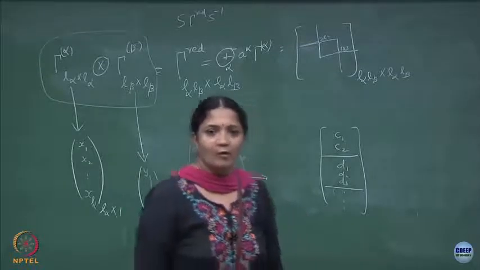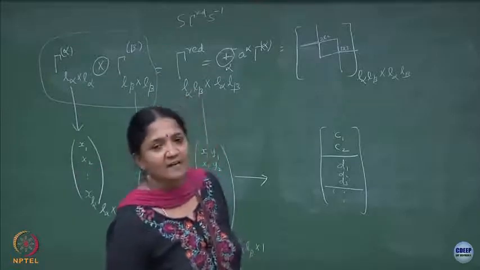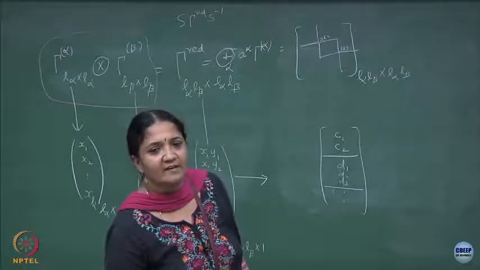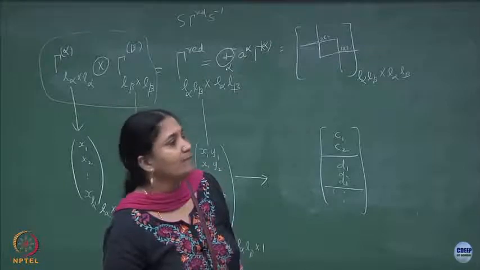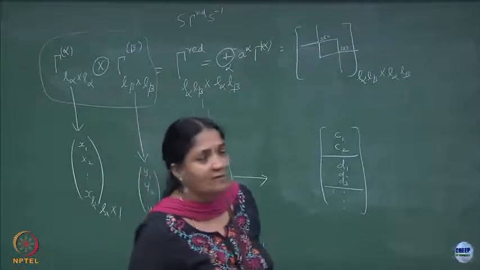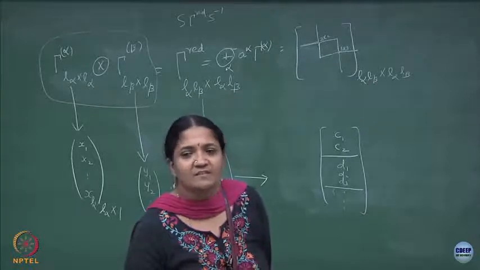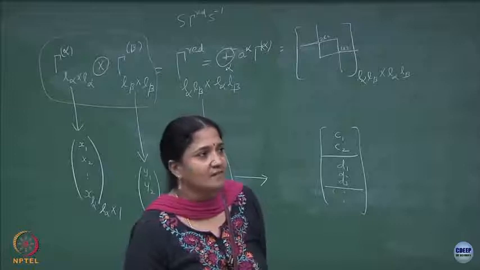Okay, so I have already given you a fact that if you have a reducible representation, the dimensionality of these matrices will also determine the dimensionality of the vector space on which these matrices act. Besides finding the multiplicity of each irrep, can we find the invariant subspaces?